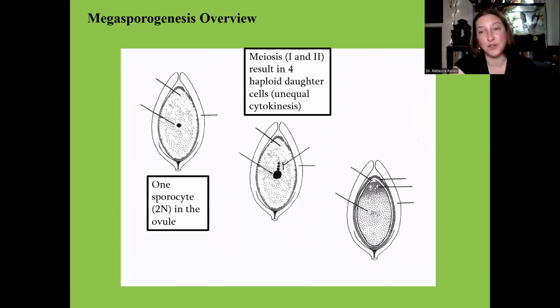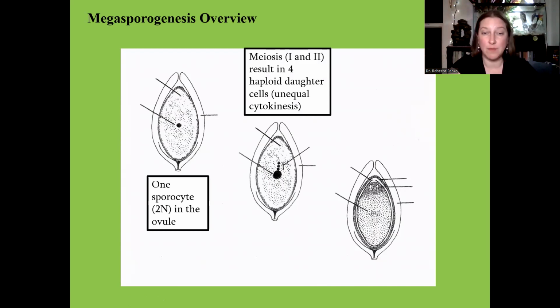And the result will be 4 haploid daughter cells, right? Because when you have meiosis, you go from a diploid thing to a haploid thing, and you go from 1 cell, or 1 nucleus, to 4 cells or 4 nuclei.